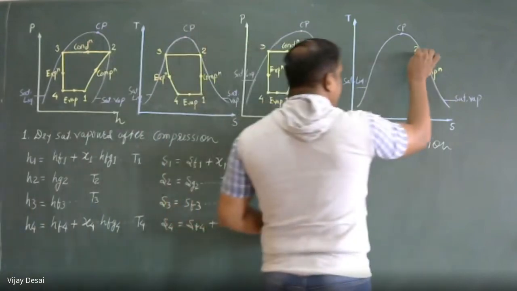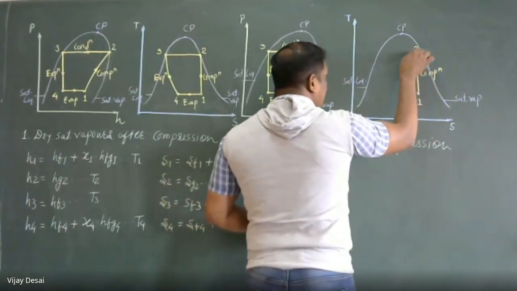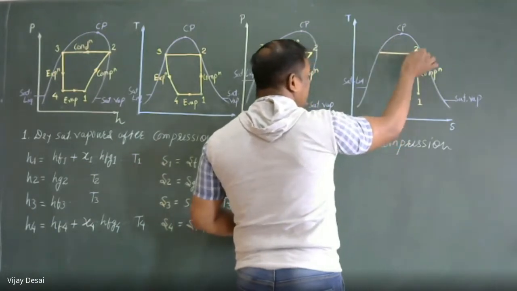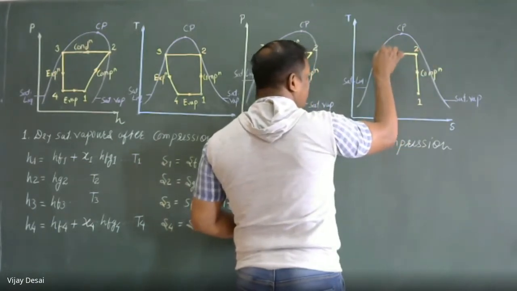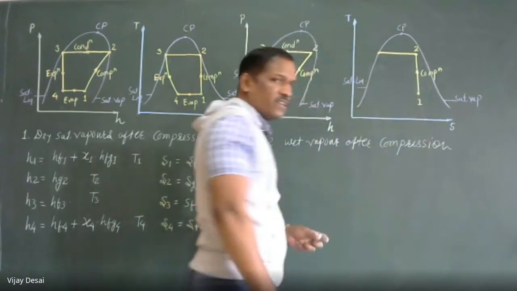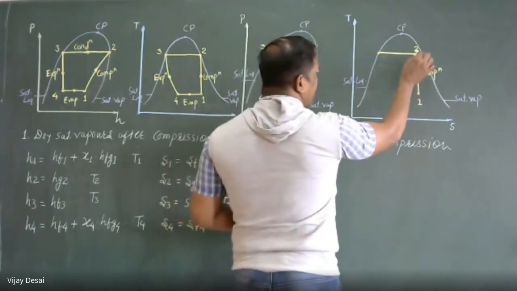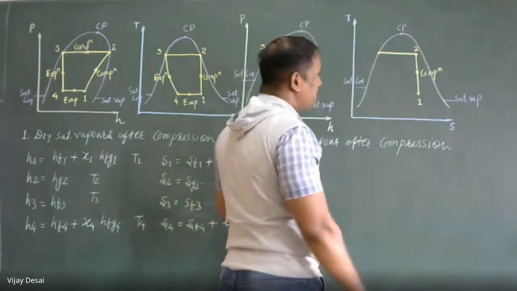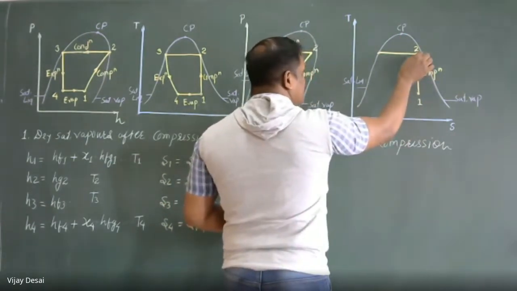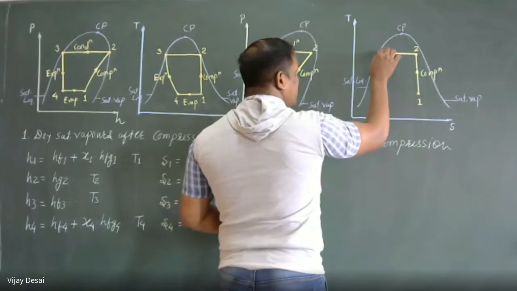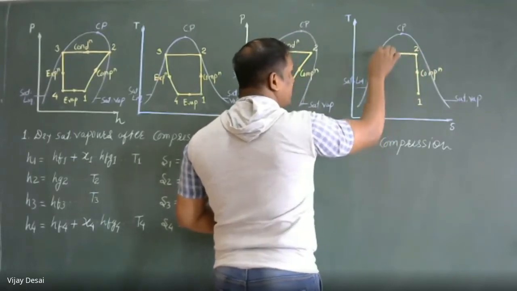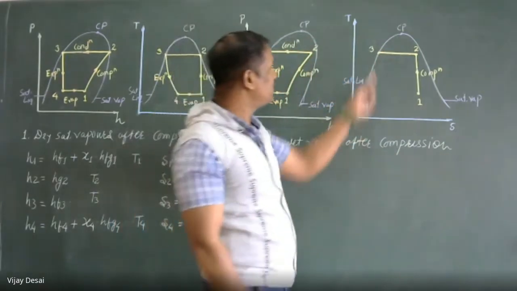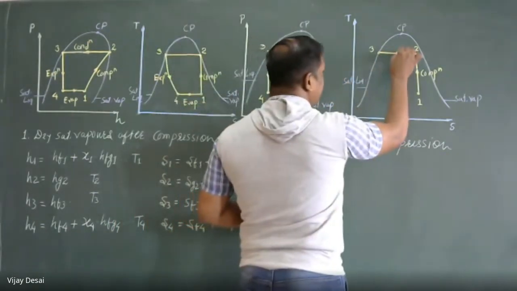At point 2, it is supplied to the condenser, so latent heat is removed, the temperature remains the same, and only phase change takes place. So the vapor having dryness fraction x2 is supplied to the condenser and becomes completely saturated liquid, and the outlet of the condenser is point 3 on the saturated liquid line.